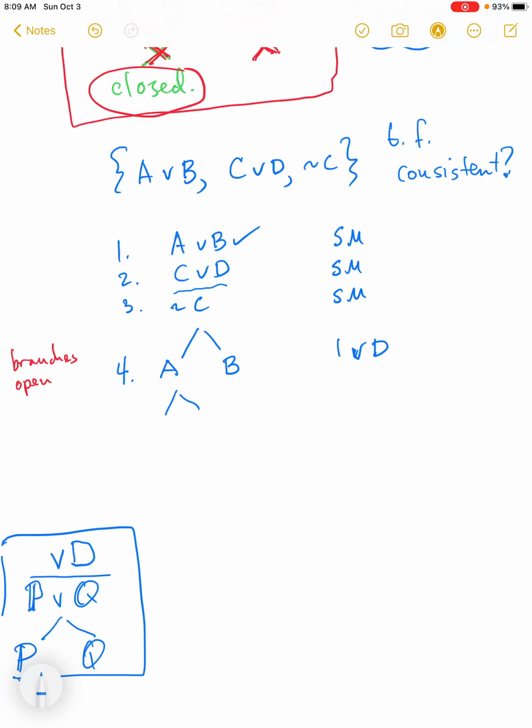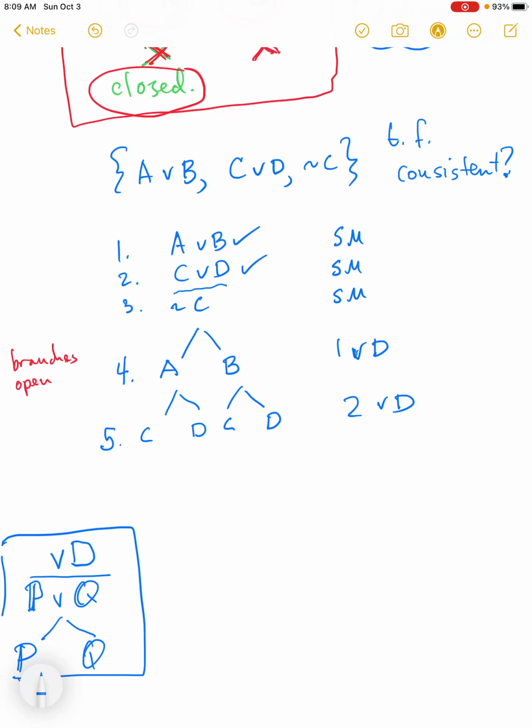So on line number 5, we're going to have C and D on those branches, and once again C and D on those branches. And we get that line from line number 2 by disjunction decomposition.